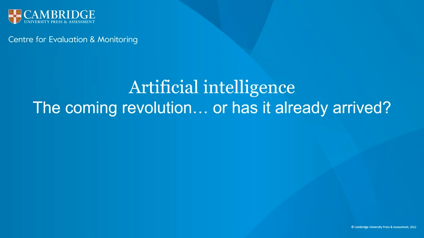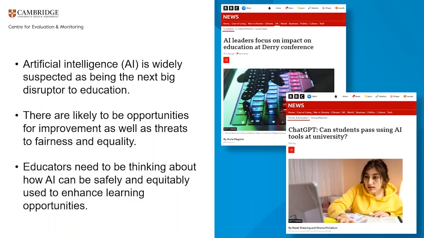And then finally, just to round off, we've got something which is becoming increasingly prominent in society: artificial intelligence. The revolution, is it coming, or has it actually arrived already? I think probably a year ago, I had no idea about ChatGPT. And again, that's taken off like a rocket.